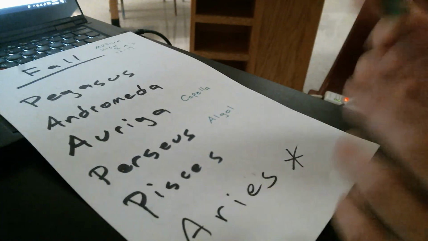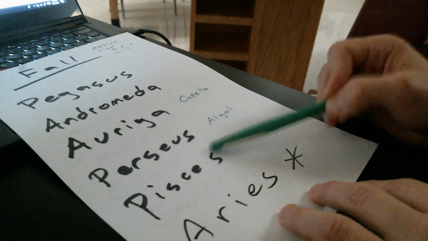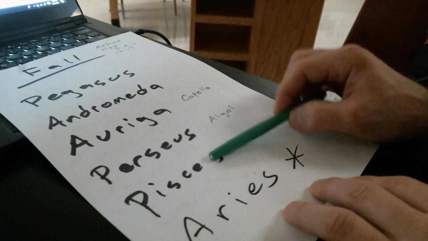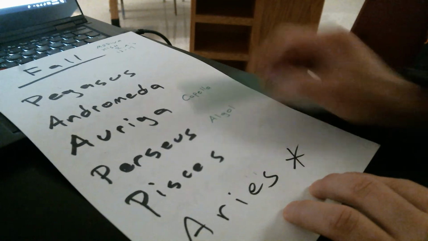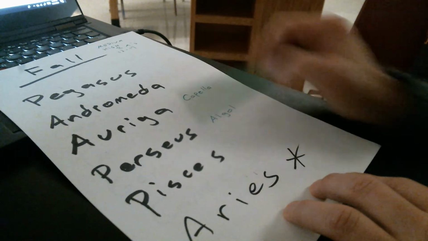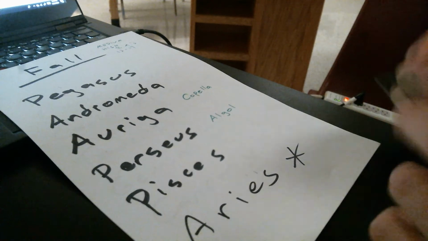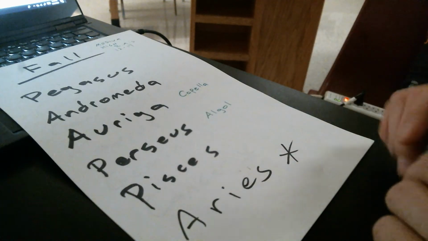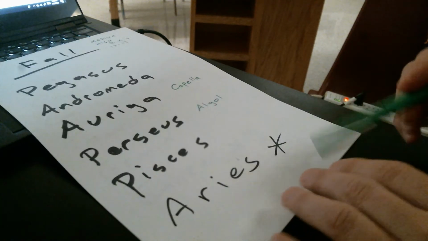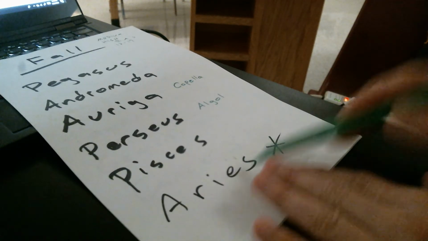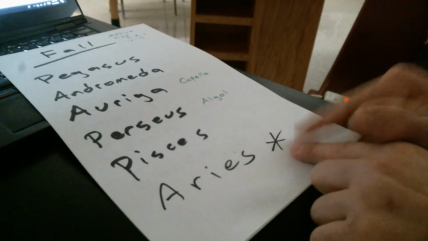And I put Pisces in there again, just because it's a pretty large constellation in the sky. It shares a meridian with Pegasus, but it's a very, very dim constellation. You wouldn't really recognize it were it not part of the zodiac. And that's the same with Aries too. Please remember why I asterisked Aries.